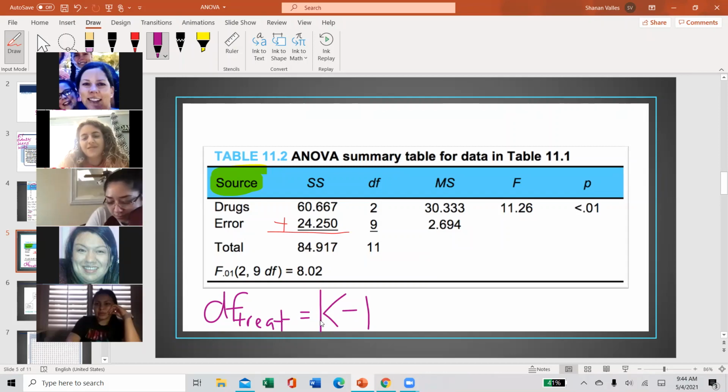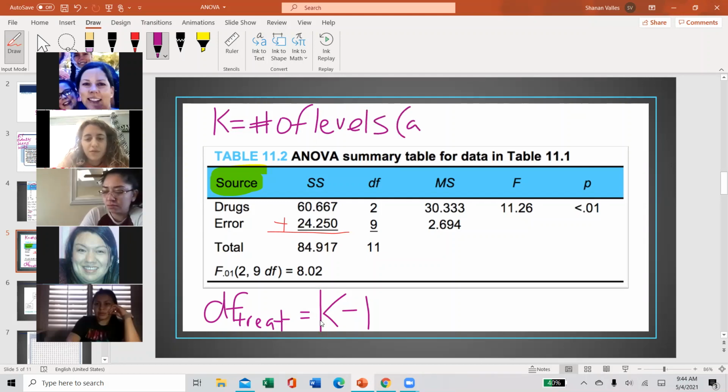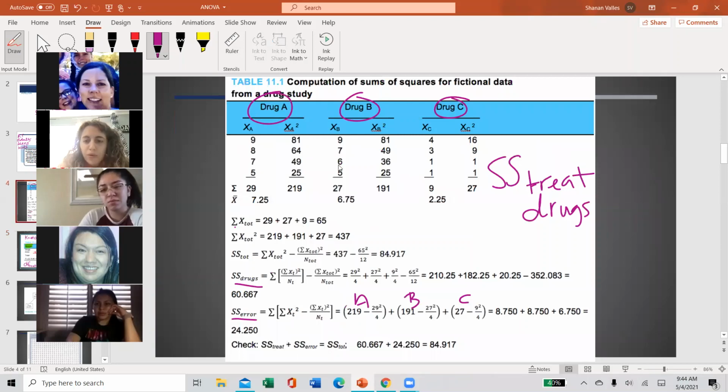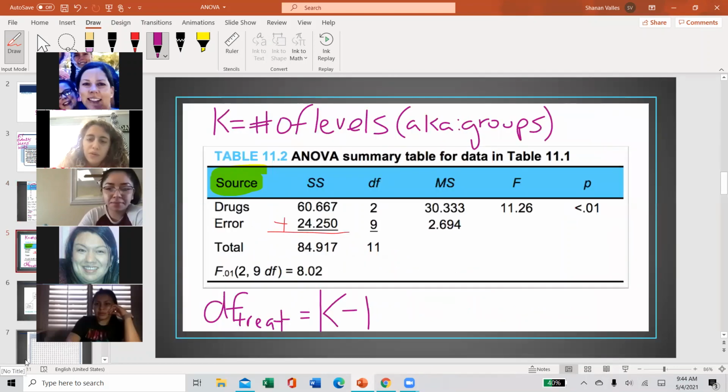K in statistics is equal to the number of levels of the independent variable, also known as groups. How many groups do we have? In this example, we had 3 groups: drug A, drug B, and drug C. So this one would be 3 minus 1, which is where we get the 2.